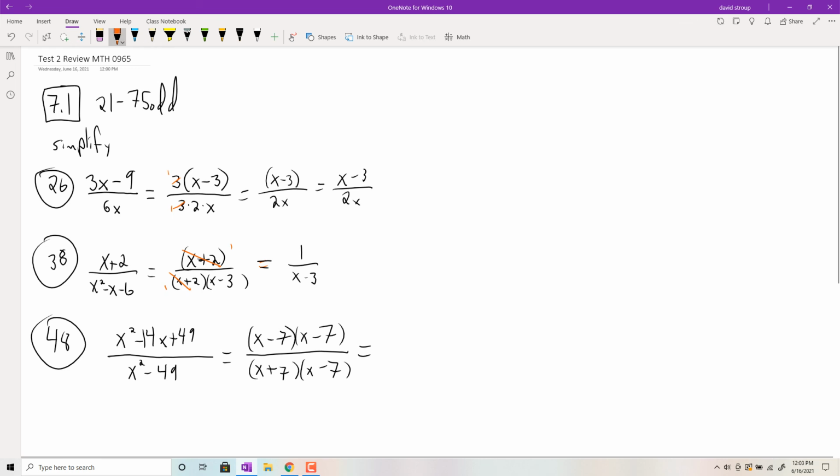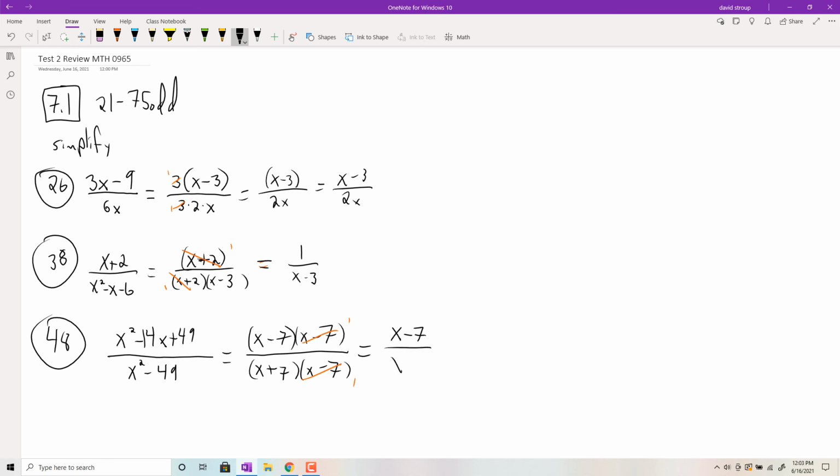So the common ones, the x minus 7s, are the same. You may think those are opposite factors, the x minus 7 and x plus 7, but remember, you have to have opposite signs on each one. So see, x and x, they both have the same sign, so they're really not opposites. And so you're just left with the x minus 7 in the top and the x plus 7 in the bottom. Okay.